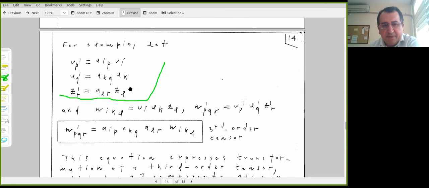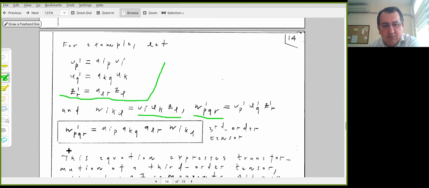Multiply them and define this product up prime, vq prime, zr prime as a new quantity W pqr prime. On the right side, define ui vk zl as W ikl.